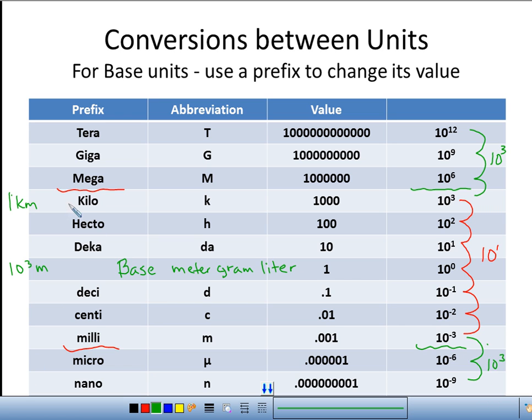Let's make the kangaroo hop. The kangaroo is going to hop from kilo down here to milli. 1 kilometer, and it takes 1, 2, 3, 4, 5, 6 hops. There are 10 to the 6 millimeters in a kilometer.